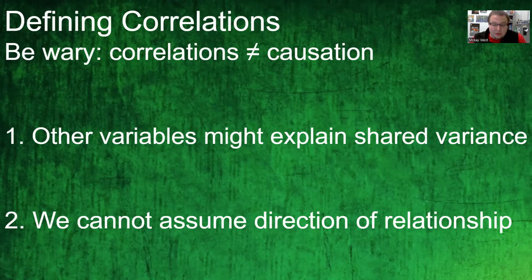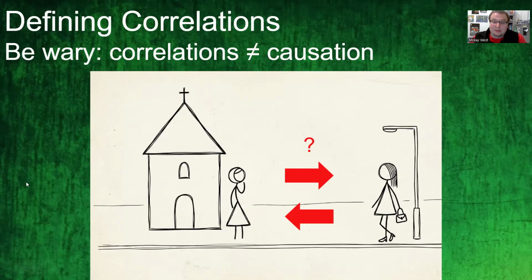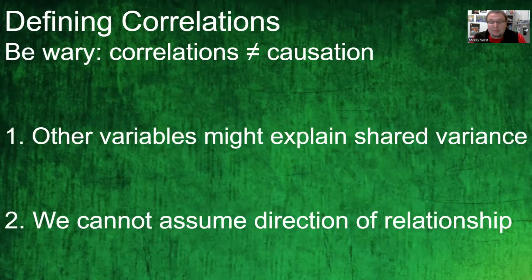And so, going back to the original example of video game playing and intelligence, maybe they are highly correlated, but is it that playing more video games makes you more intelligent? Or is it that being more intelligent means you're more likely to play video games? With the R alone, we would never know which actually causes the other. And you can see where you could get yourself into a lot of trouble assuming we know which direction the arrow's going. The numbers don't tell us that. And again, theory might help us make such claims, but with numbers alone, we can't make such assumptions.